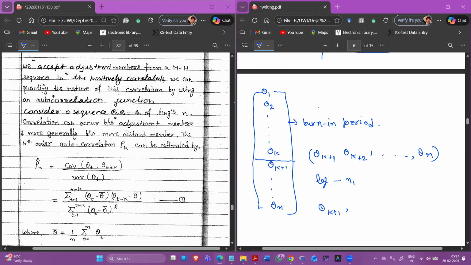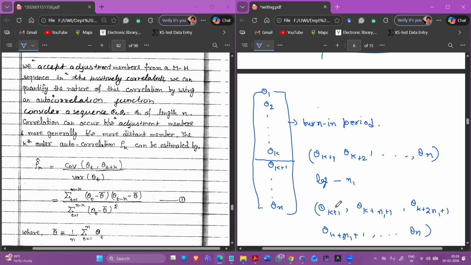I will take theta k plus n1 plus 1. Then I will take theta k plus 2 n1 plus 1, theta k plus 3 n1 plus 1, and so on up to theta n. I will take the values in that way. So I will remove some values.